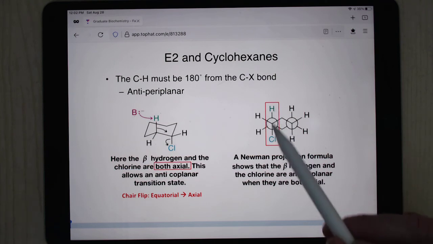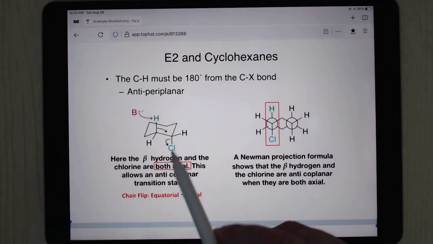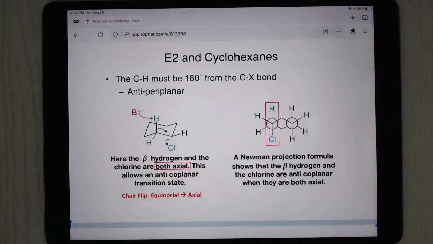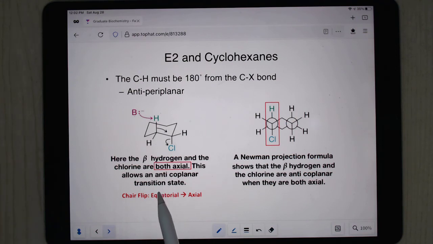So they both have to be axial, both the hydrogen that you extract and the leaving group. Now remember, if the leaving group is equatorial, then we have to do a chair flip in order to get it into the correct orientation. Okay, to get that leaving group in there.